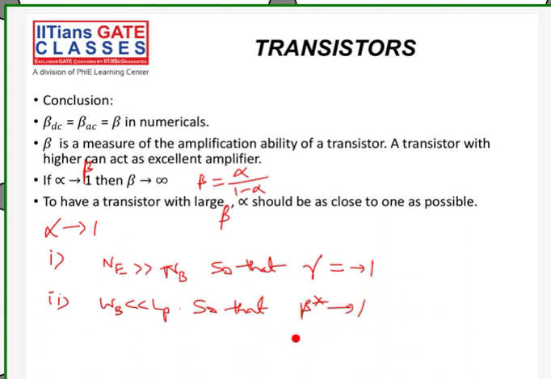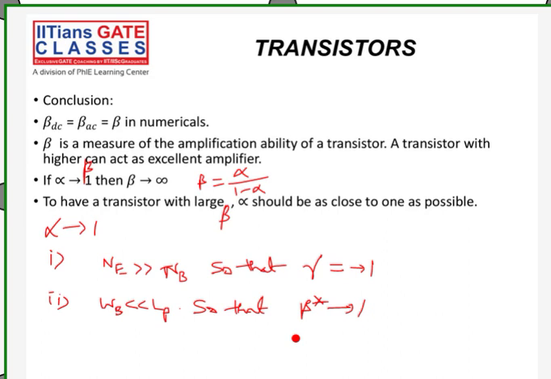That is the main thing here: if WB is very much less than LP, in that case beta star will be 1. This is the transport factor.